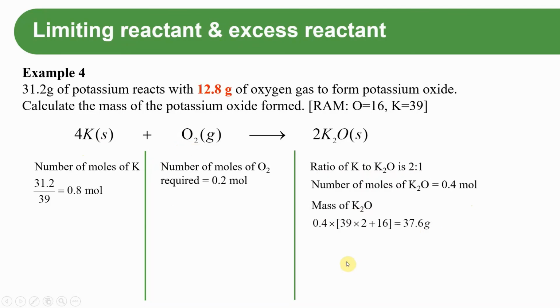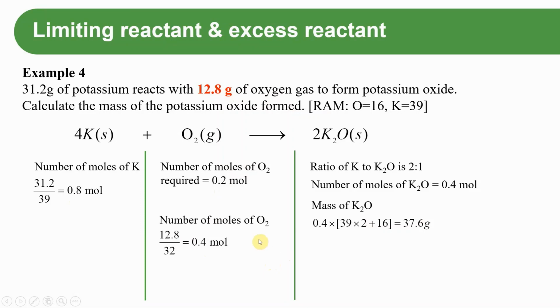For the second example, now we have a different mass of oxygen. And according to the calculations just now, 0.8 mole requires 0.2 mole of oxygen. But in this case, if we use this mass to find, we will find that there's actually 0.4 mole of oxygen.